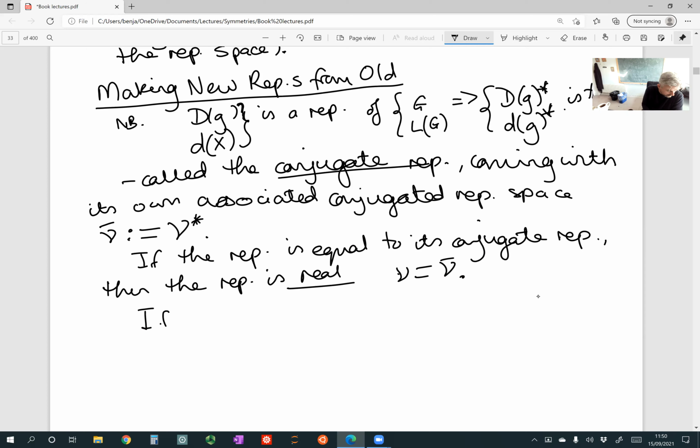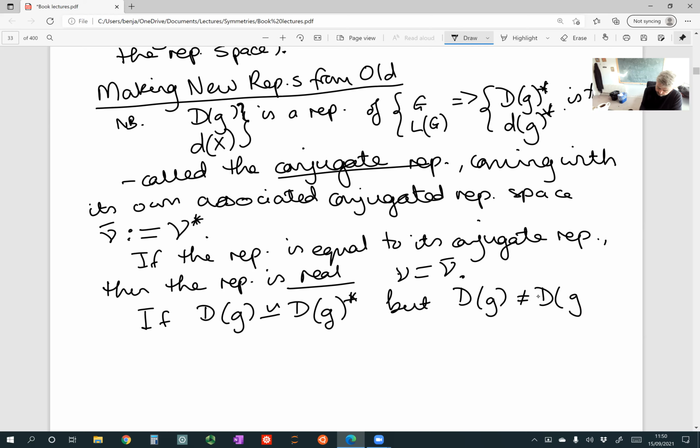If the conjugate rep is isomorphic to the original one, but isn't equal to it, then that representation is called pseudo-real.